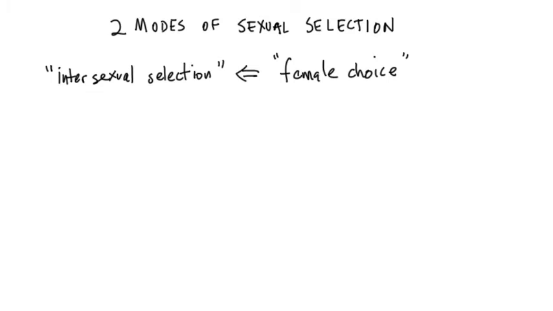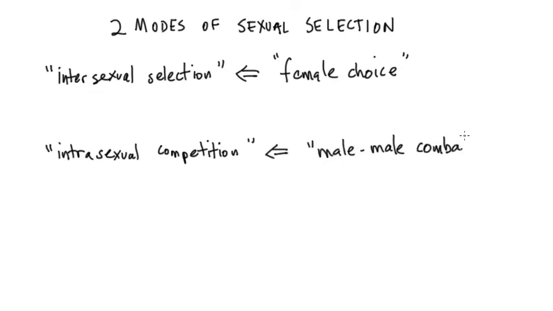The other mode of sexual selection is identified in the textbook as intrasexual competition, though I prefer the more conventional term of male-male combat. Again, it's almost always the males that are competing, and here the actual competition is a physical fight. With male-male combat, the females are not the ones in control. They congregate in harems that are won by the victorious male.